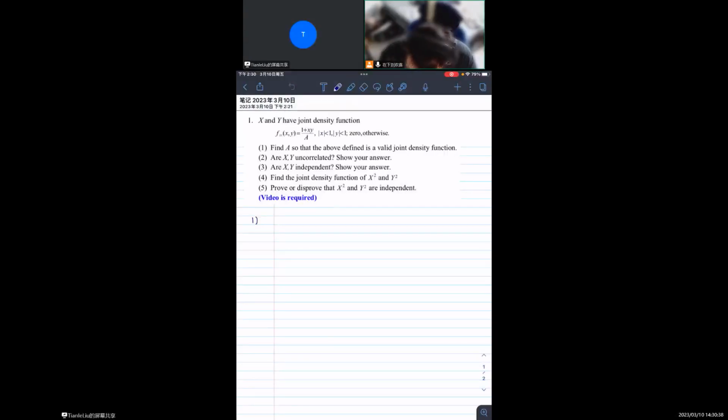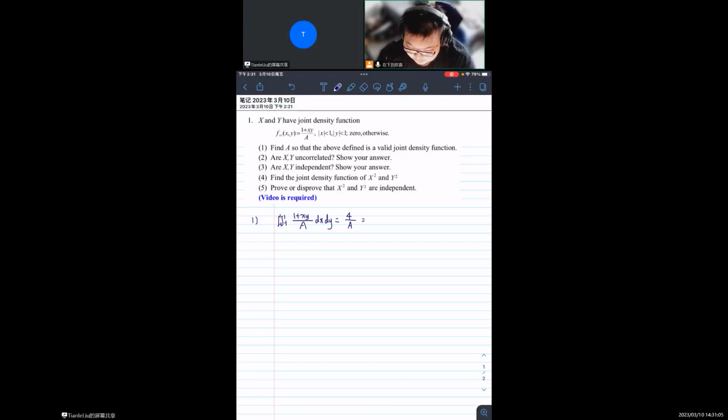Based on the clues, we can write this formula, with both integrals from -1 to 1, which is the range of x and y. Doing the integral, we find it is equal to 4 over a.